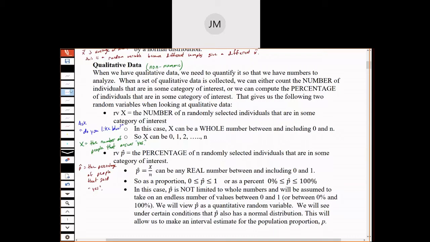So if we ask 10 people, we will get between 0 and 10 yes responses. Okay, so there's 11 possibilities. If I ask 10 people, I get 11 possibilities, right?